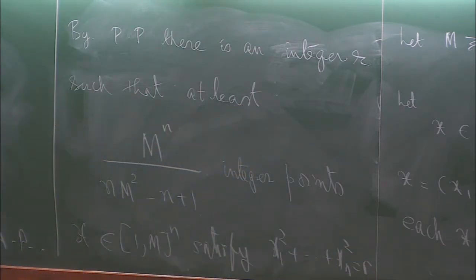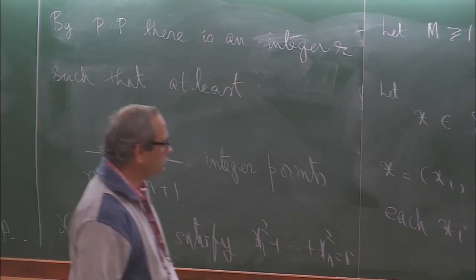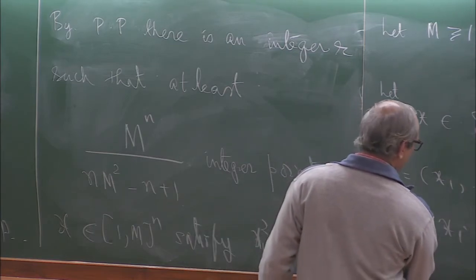Right? Pigeonhole will tell you that at least this many elements have to lie above some r.